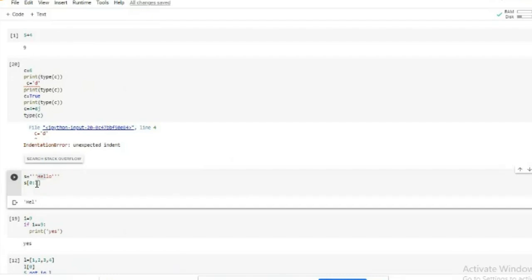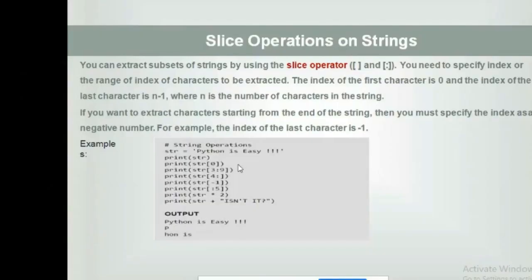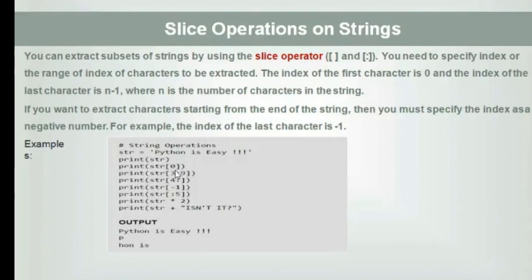Let me give you one more example. Python is easy. Print string I have given. It will give the output as Python is easy. String of 0 gives P, the 0th position. Now 3 colon 9 means 0, 1, 2, 3.